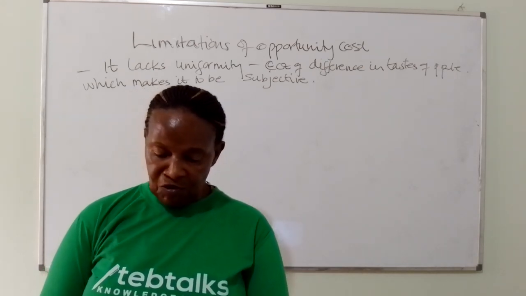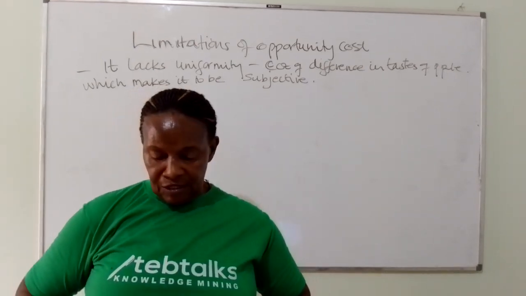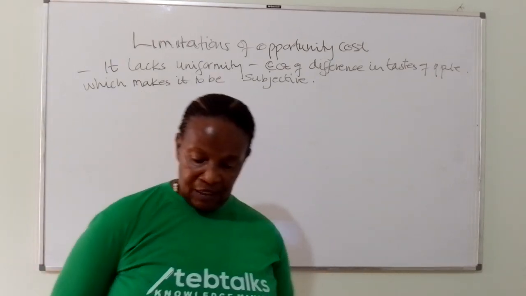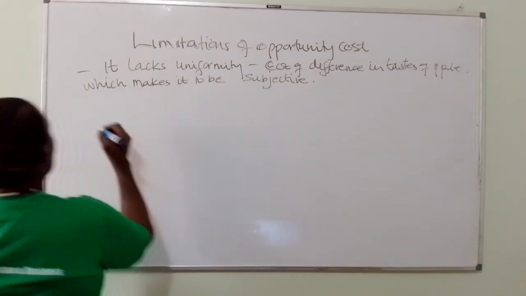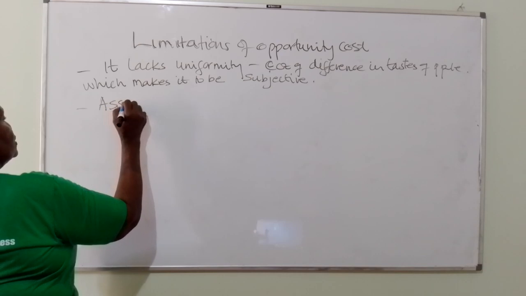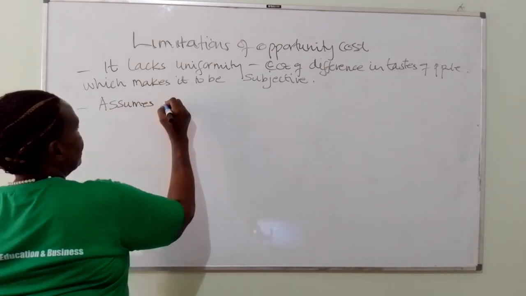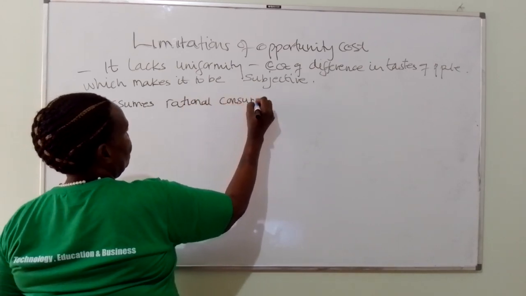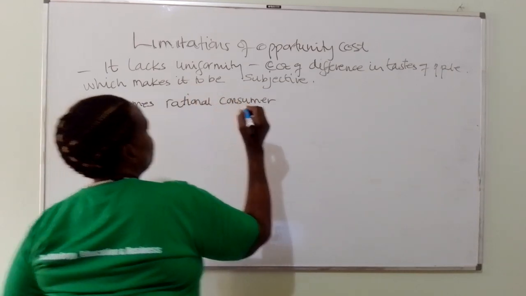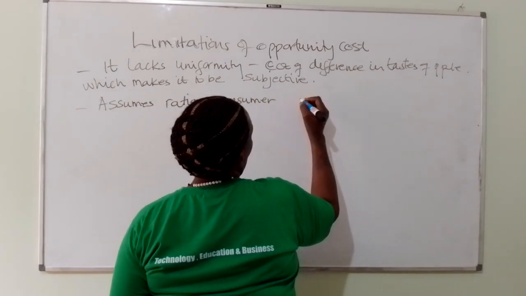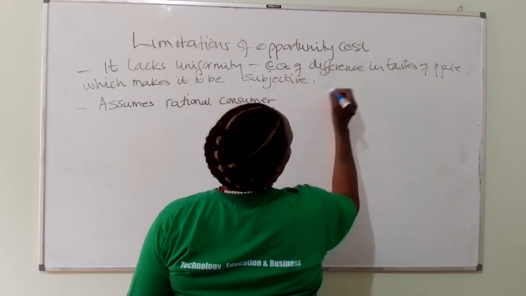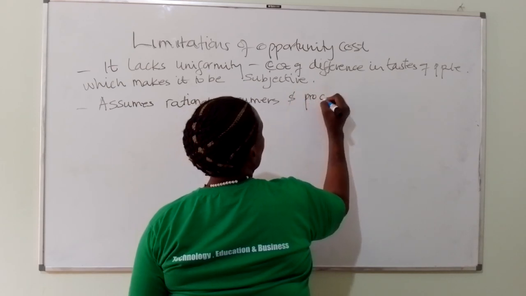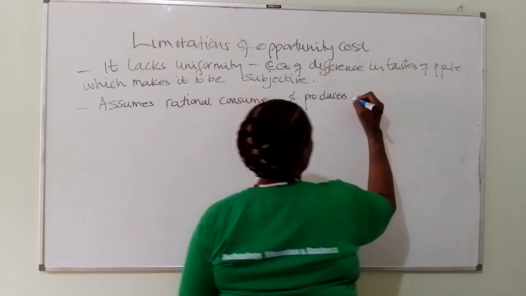No way. Others may find it irrelevant, whereas others look at it as the major item in their scale of preference. It assumes a rational consumer and a producer. So opportunity cost, in order to operate, assumes that our consumers and producers are rational, meaning that they make decisions which are guided by sanity, which is not always the case.